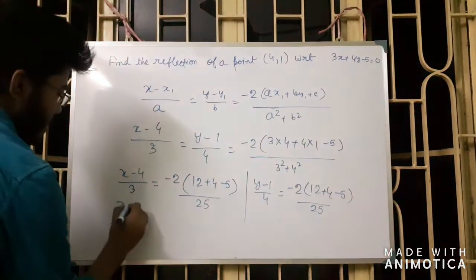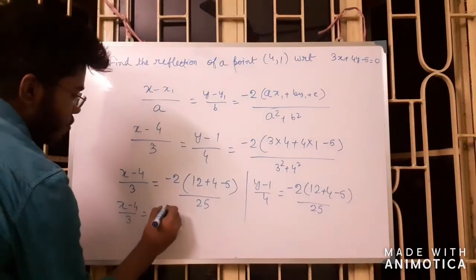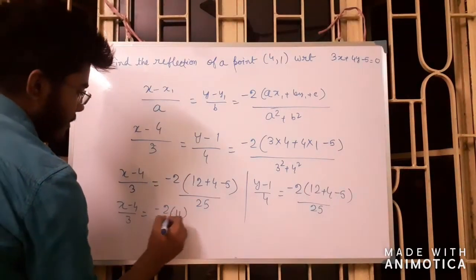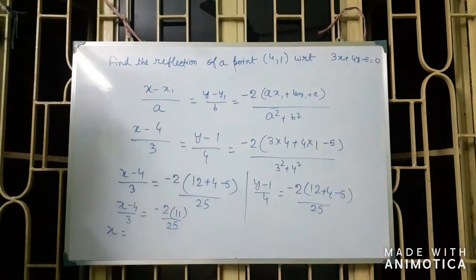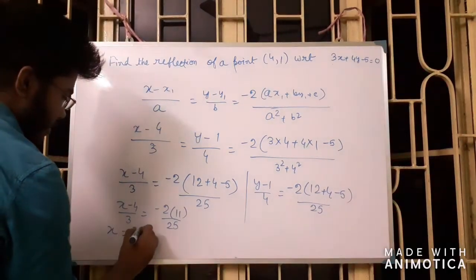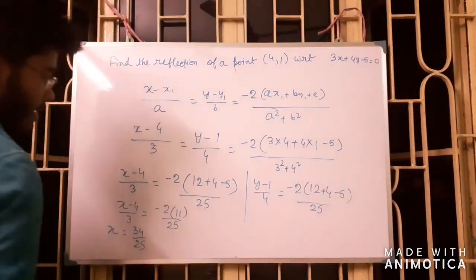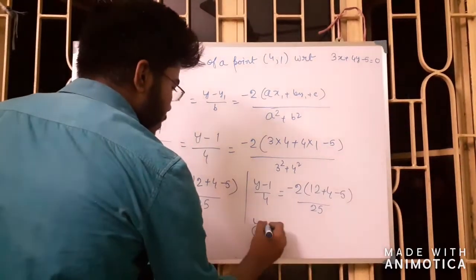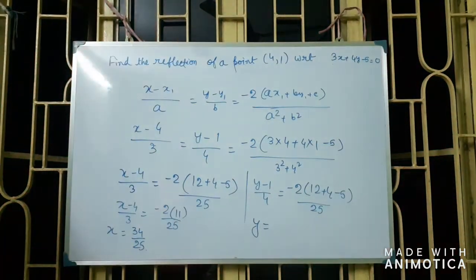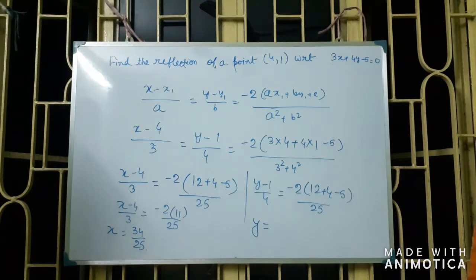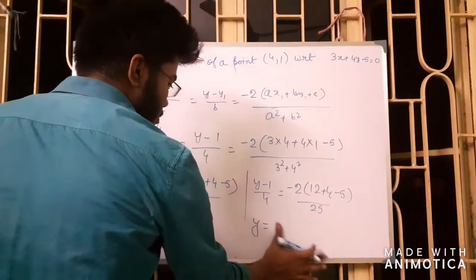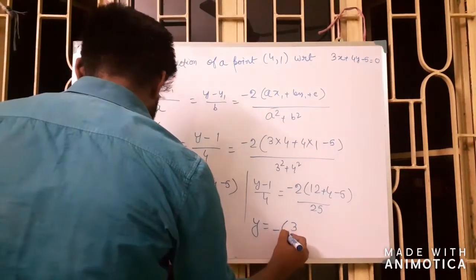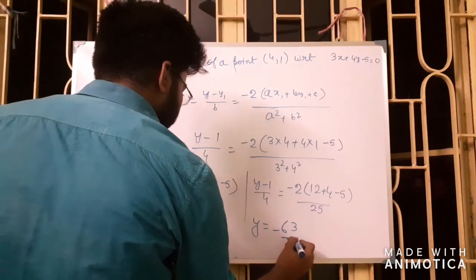That means (x minus 4) upon 3 equals minus 2 into 11 by 25. Okay, so x equals 34 upon 25, and y equals you will find minus 63 upon 25.